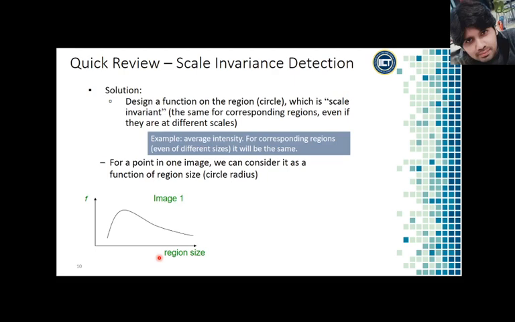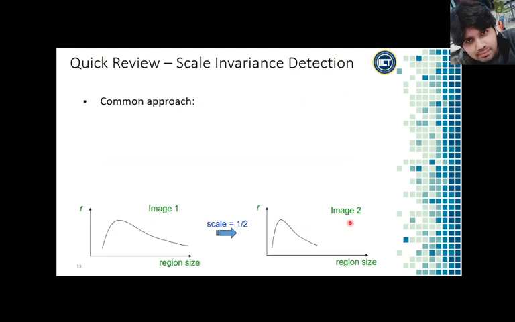So coming back to this concept, for a point in one image we consider it as a function of region size, let's say circle radius. Even if we scale it to half the size, we can still find a particular peak, or a particular response which is similar in both images.